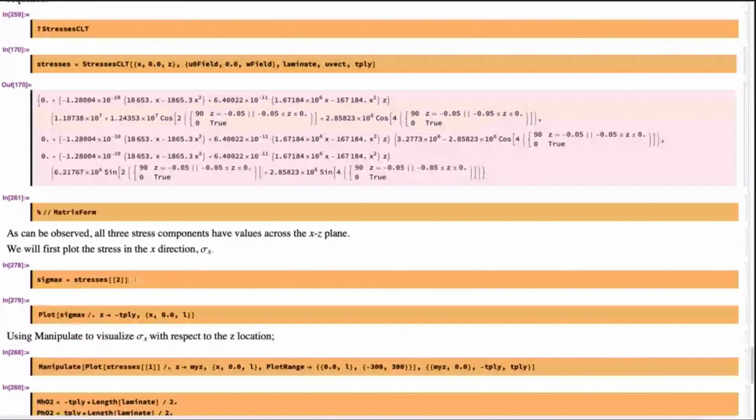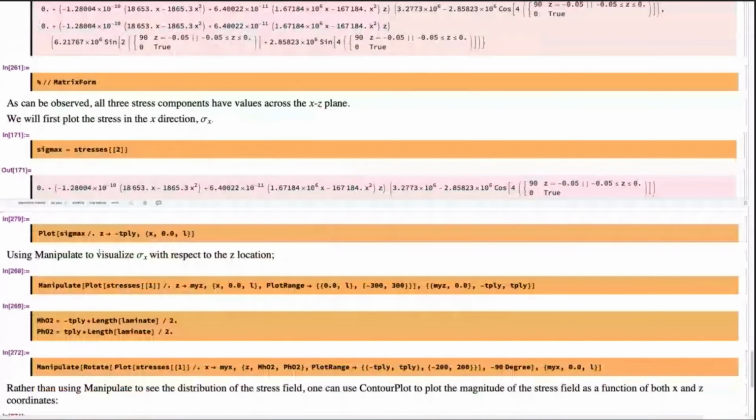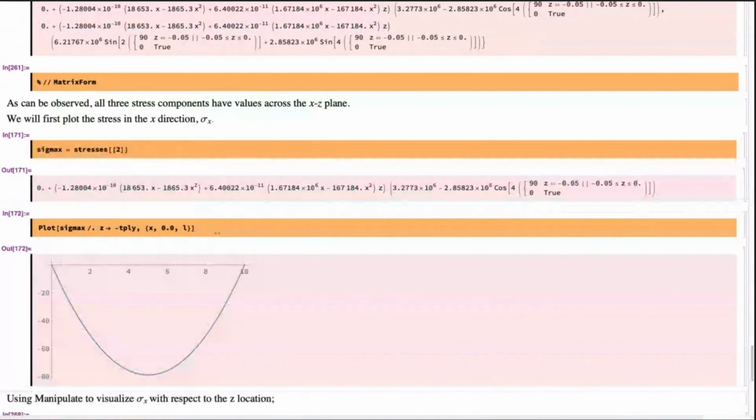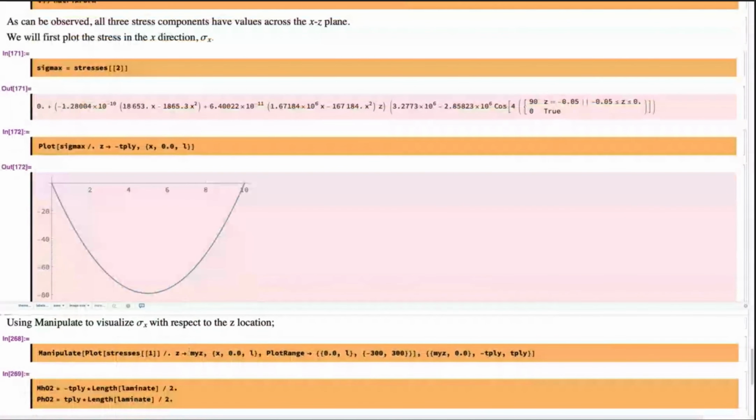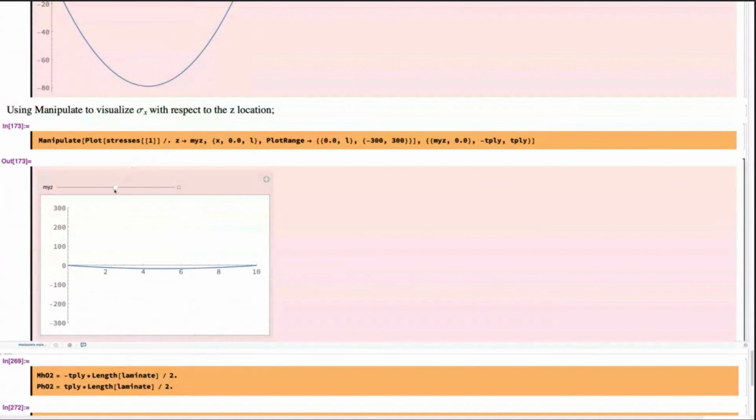and I can do sigma x, plot sigma x, or I can do it as a function of z, but you'll see that it actually will make a jump as I'm moving.